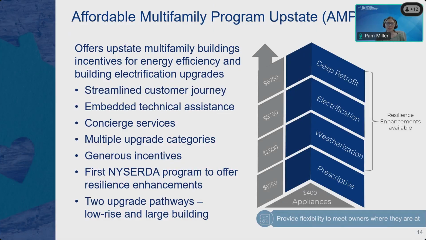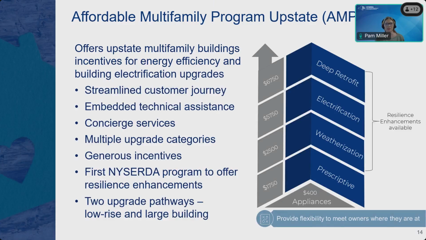So the Affordable Multifamily Program Upstate, again, we're calling that AMP Up for short, offers multifamily buildings in upstate New York incentives for energy efficiency and building electrification upgrades. While we were developing this offer, we focused on creating a streamlined customer journey by embedding technical assistance and offering concierge service to help participants navigate the program.